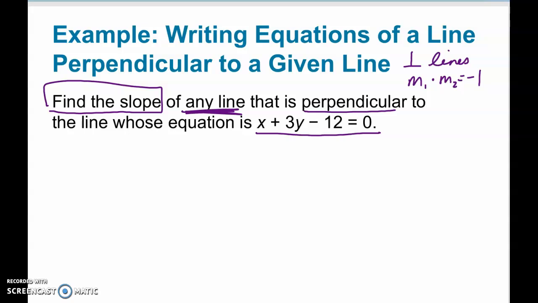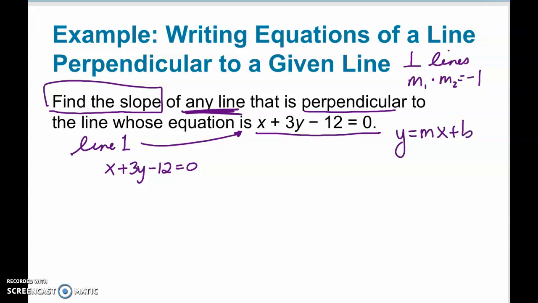This line we're going to call line 1. We're going to find the slope of line 1 by putting it into slope-intercept form, because then we can look at the coefficient on x and say that is the slope.